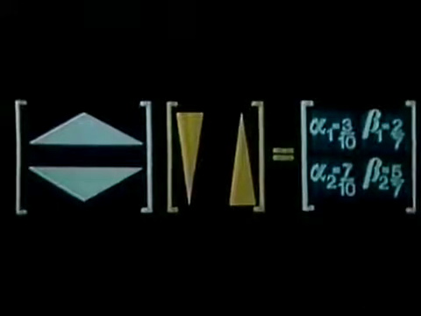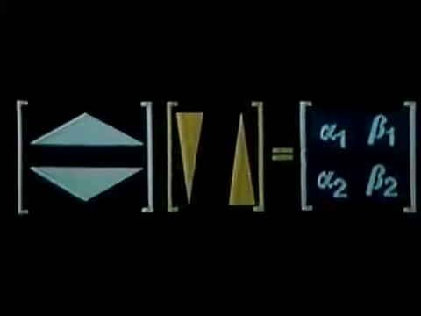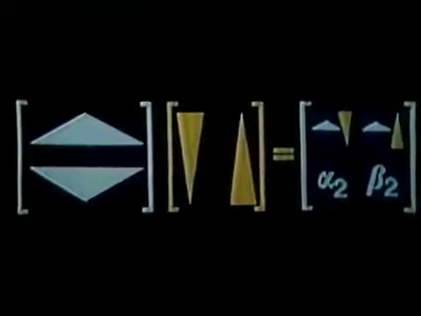Then we calculate the product matrix by acting with each row on each column. Alpha 1 is the first row acting on the first column. Beta 1 is the first row acting on the second column. And alpha 2 and beta 2 are obtained by acting with the second row on each column in turn.